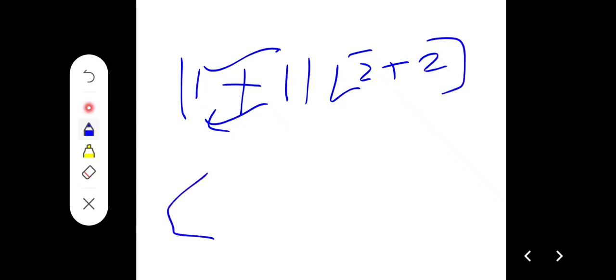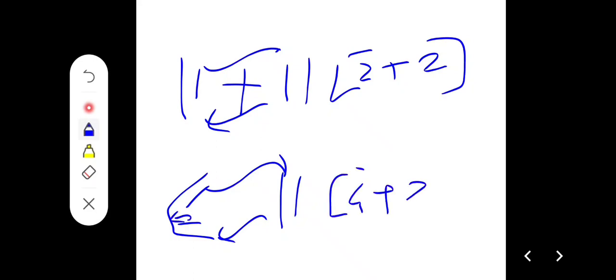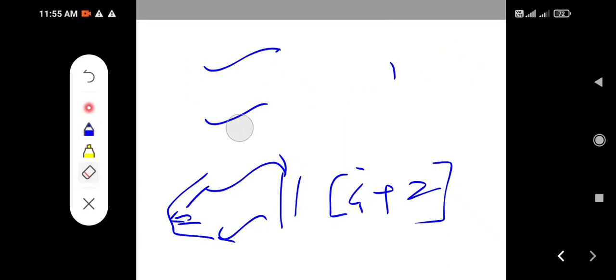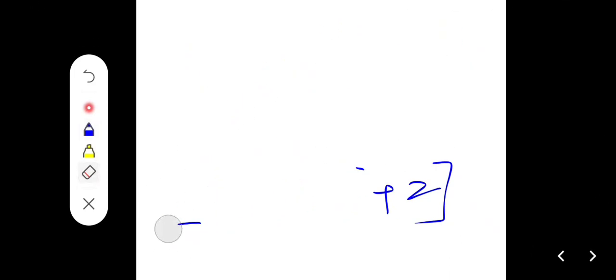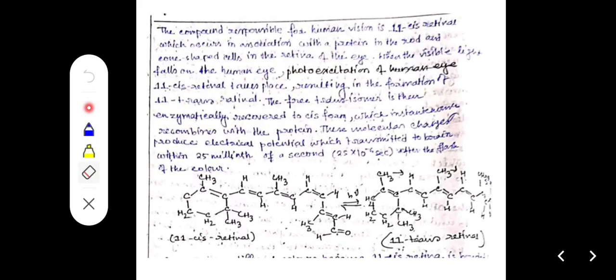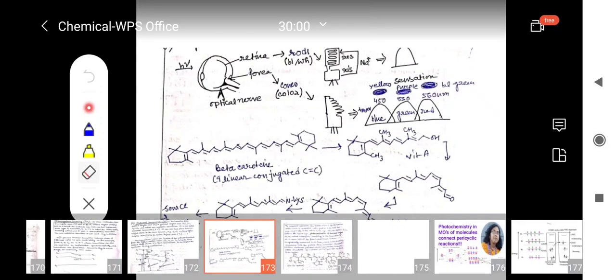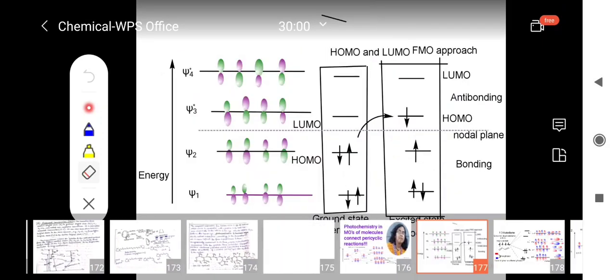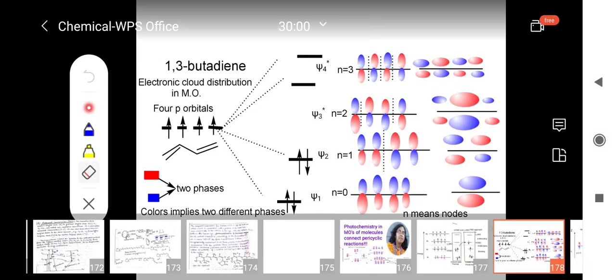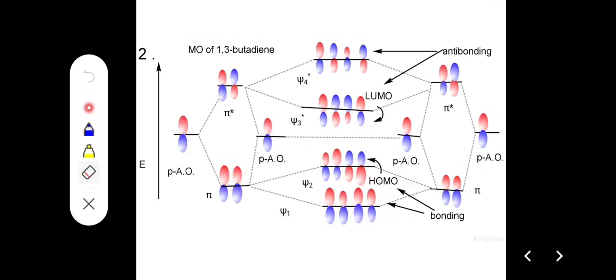When you consider this, it is termed 4 plus 2 cycloaddition. As we know, 2 plus 2 cycloaddition is thermally forbidden, and photochemically it is allowed.